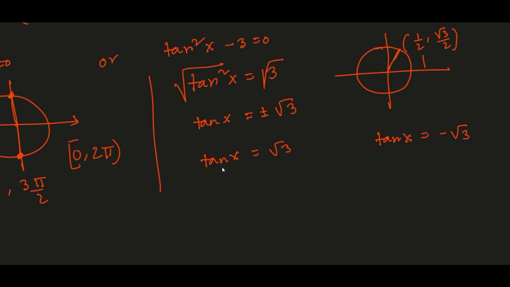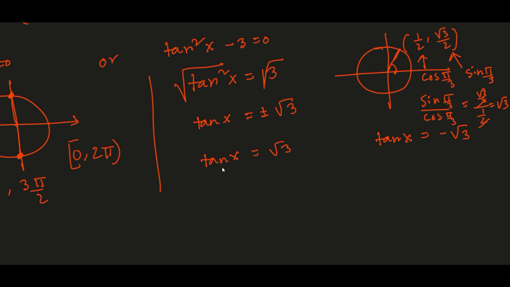So the first component of the ordered pair is cosine pi over 3, and the second component is sine pi over 3. This is in the unit circle. If I take the ratio of sine pi over 3 to cosine pi over 3, I get root 3 over 2 over 1/2, and this 2 cancels, we get root 3. So this is our first angle where we get tan x equals positive root 3.